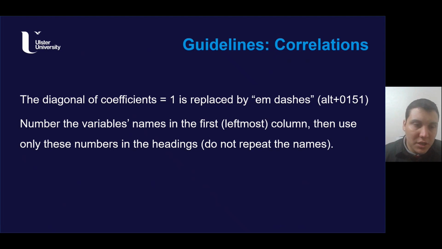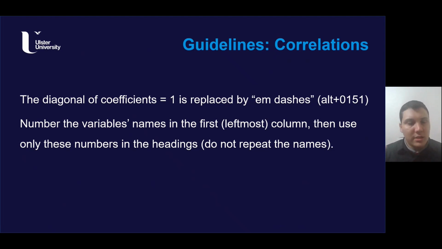Another important thing about correlation matrices. Correlation matrices always have the same variables in the stub column. We've seen that that's the leftmost column, and in the headings, right? It's the same set of variables being intercorrelated.